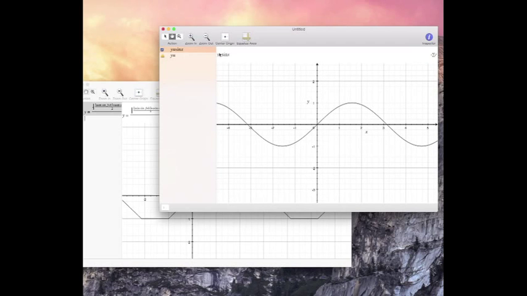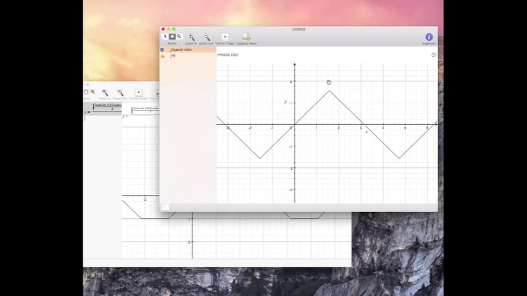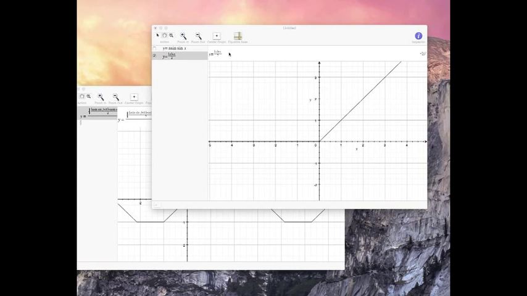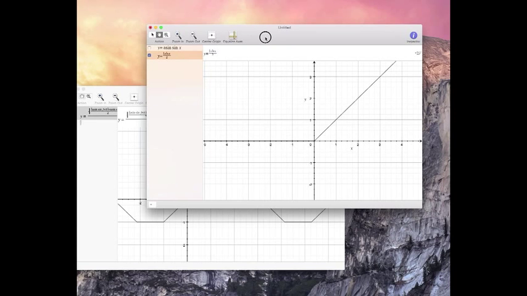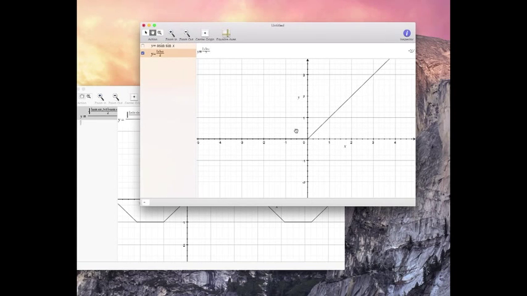It's basically arcsine of sine x, which should give you something like this. Okay, when you have the function y equals absolute value of x plus x, divided by 2, it's basically 0 when x is negative and x when x is positive.